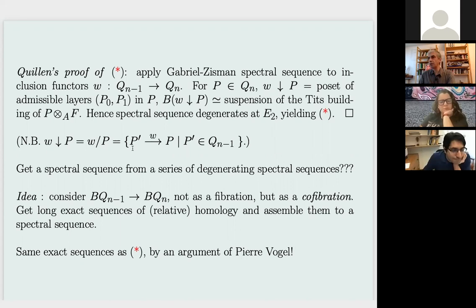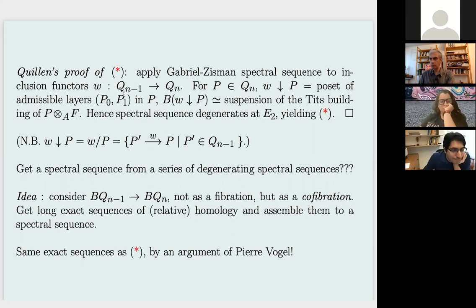And then when you look at the definition of the Q construction, you see that this category W down arrow P is just the poset of admissible layers in P. That means P0 and P1, with P0 contained in P1 inside P, and the quotient P1 over P0 is torsion free.